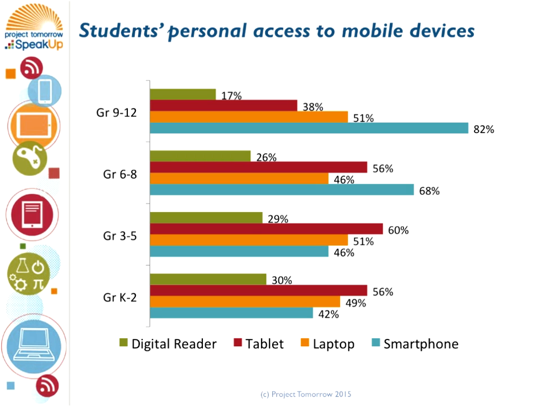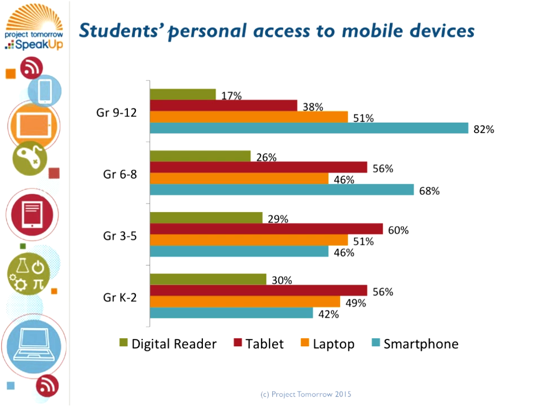It's where we ask students to talk to us about their personal access to mobile devices. These are devices not provided by school, but provided by parents, grandparents, whatever that might be. So you can see the breakdown here from kindergarten through 12th grade in terms of student access to digital readers, tablets, laptops, and smartphones.